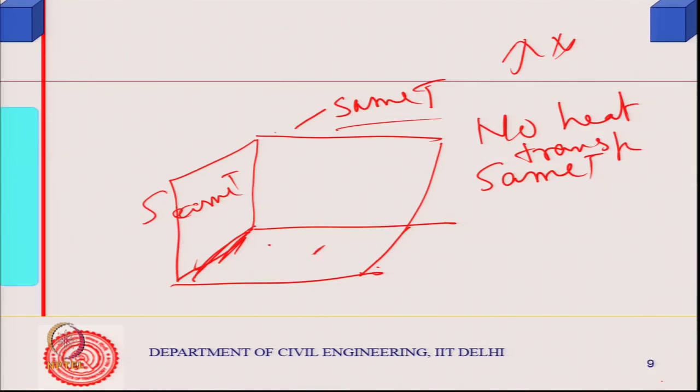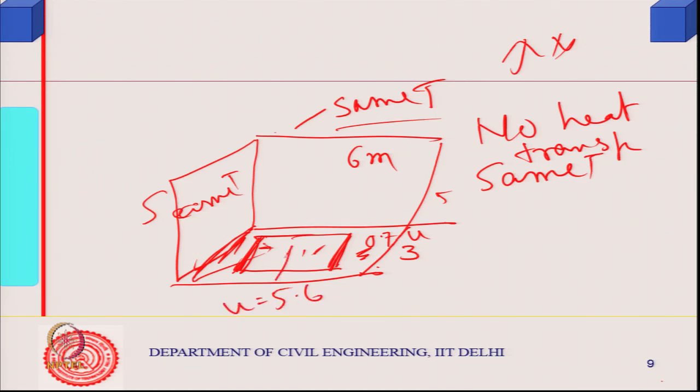Only this side is exposed, and it has got a window of 4.5 meter by 2 meter here. This is 6 meter, this was 3 meters, and this 5 meter. The room must be receiving radiation, and there is a temperature there. So, U of this portion of the wall is given as 0.7, and U equals 5.6 for the window area.